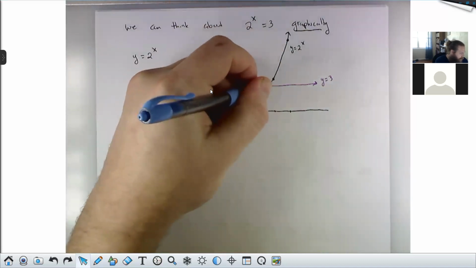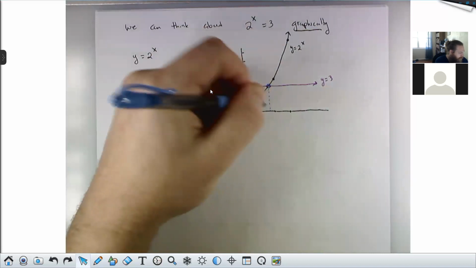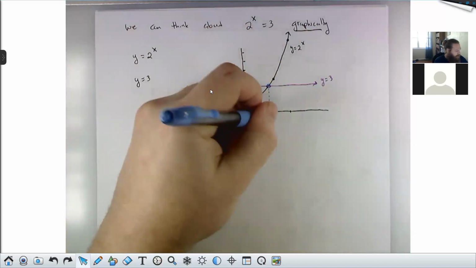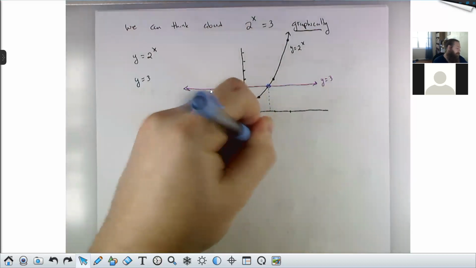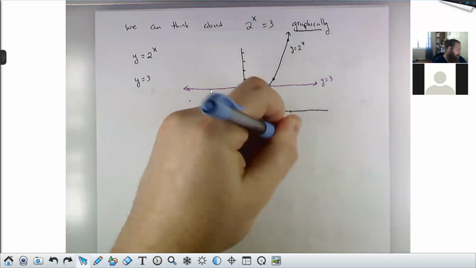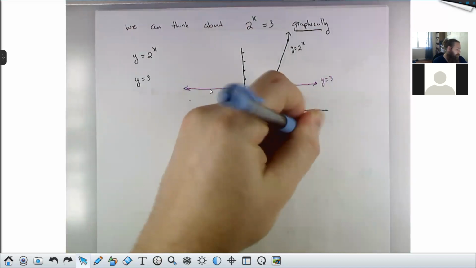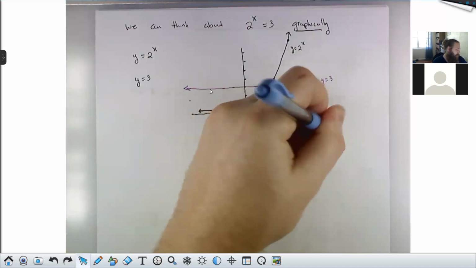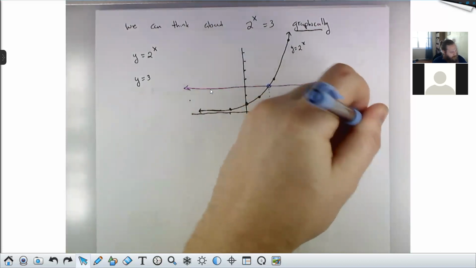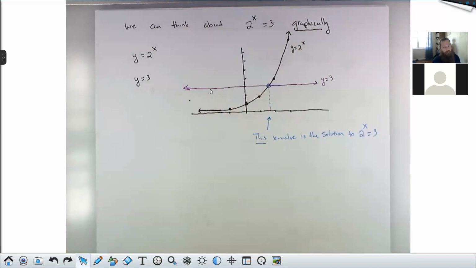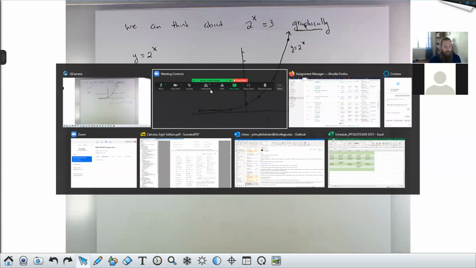It's the x value where these two graphs touch. This x value right here is the solution to the equation 2 to the x equals 3. So what is that number?